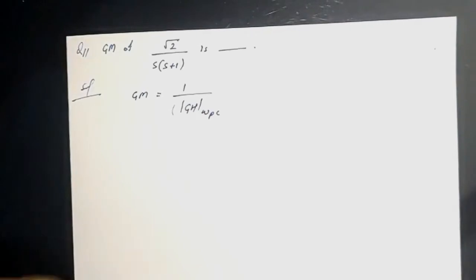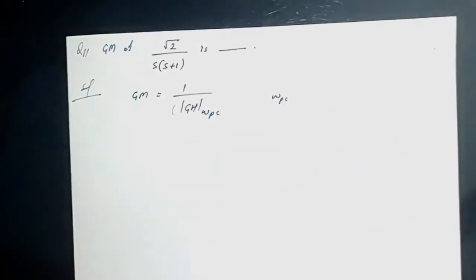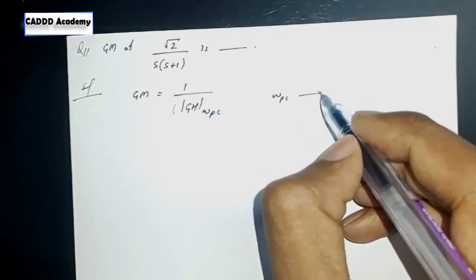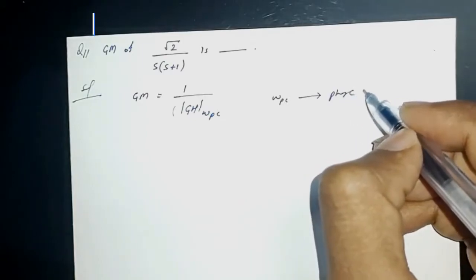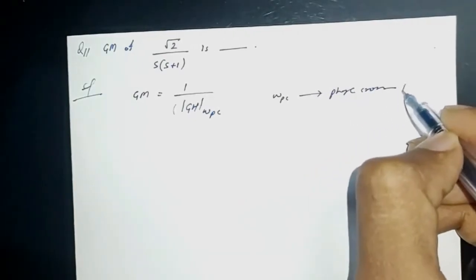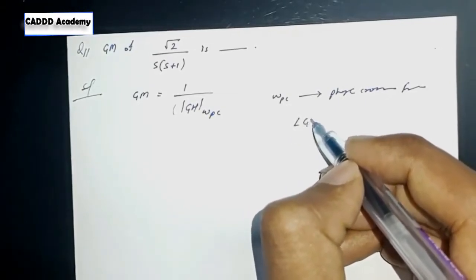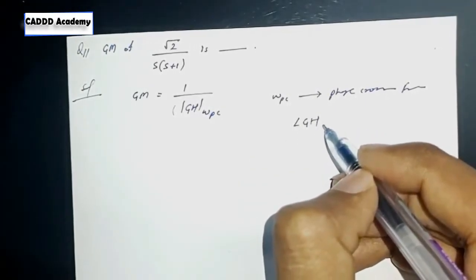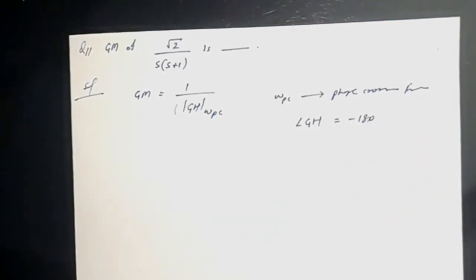To get this denominator term, we have to know the value of omega PC. Omega PC is the phase crossover frequency, which means wherever the phase of the system response is equal to minus 180 degree, that frequency is called phase crossover frequency.